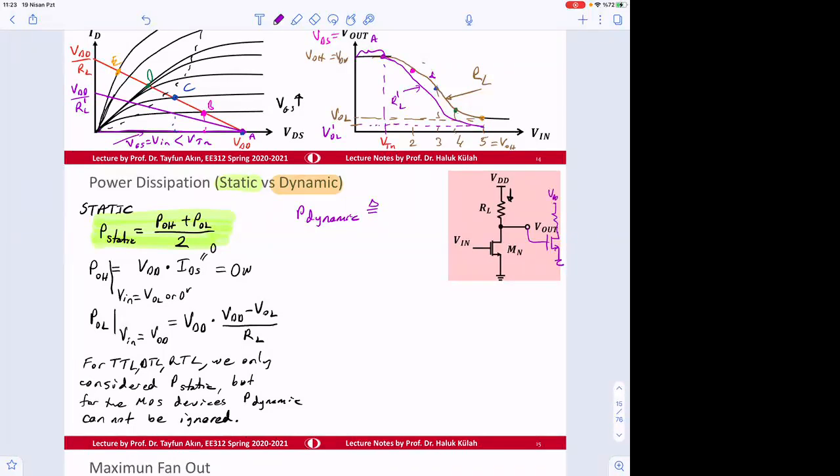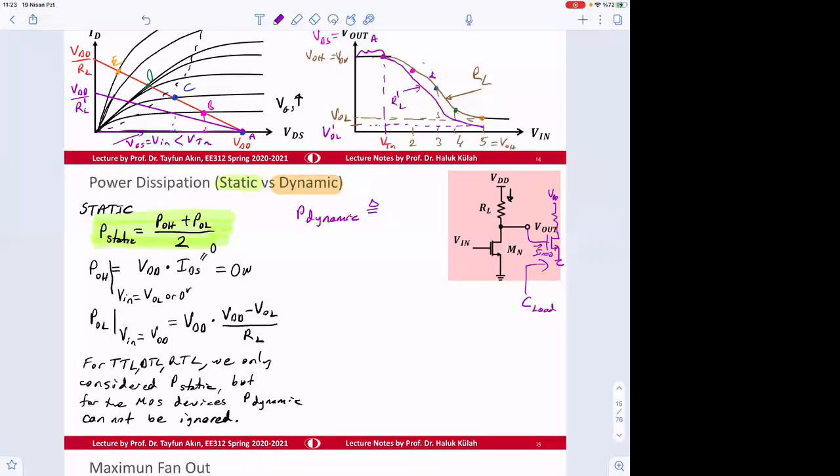Since IN is 0 here, we can connect many. So this means the load, C load, is going to be the critical thing.